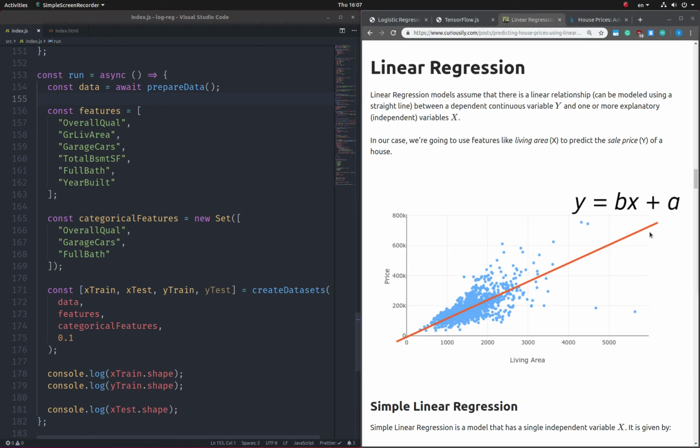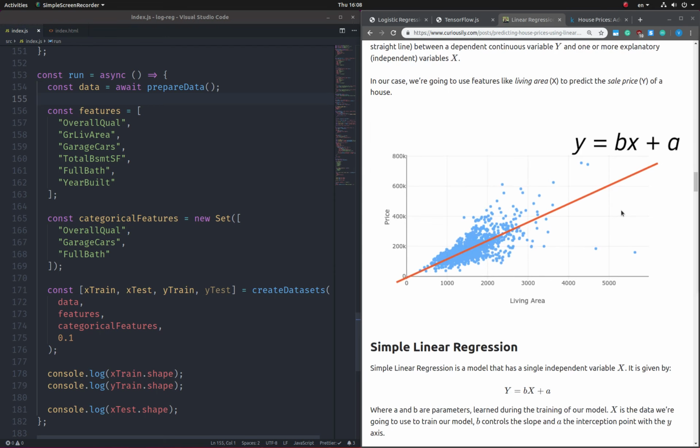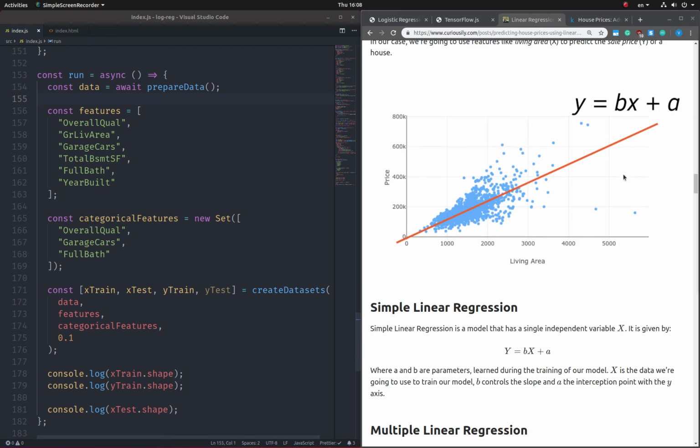And it is defined by these two parameters, b, which is also known as the slope parameter, which controls the angle between the x-axis and the line that you're trying to draw. And the other parameter is a, which controls where this line is dividing the y-axis in here.